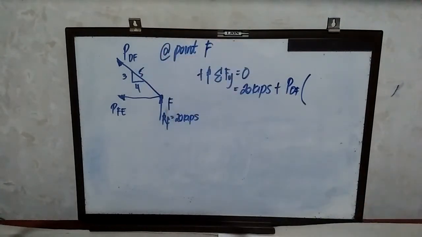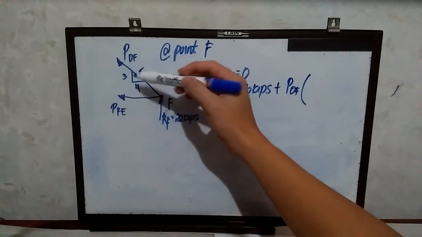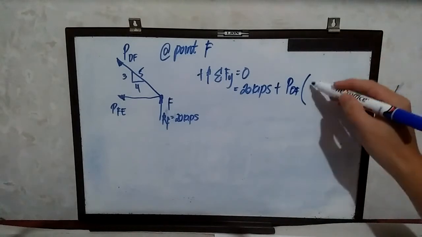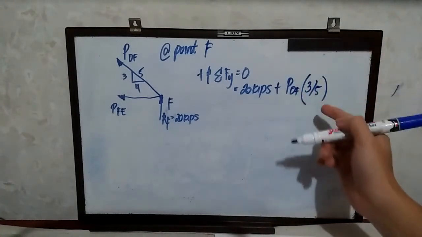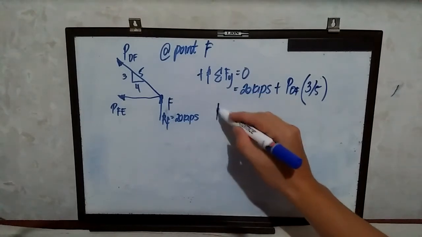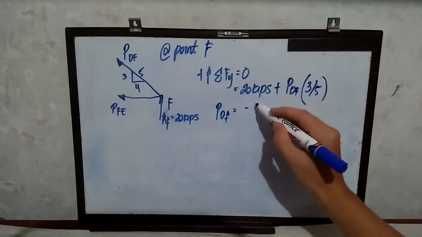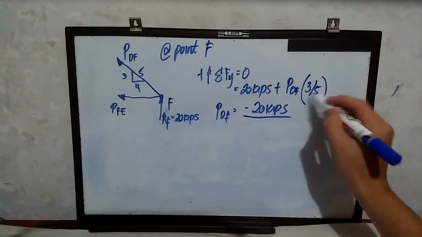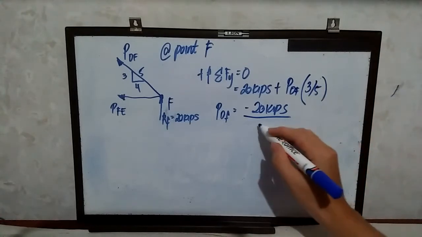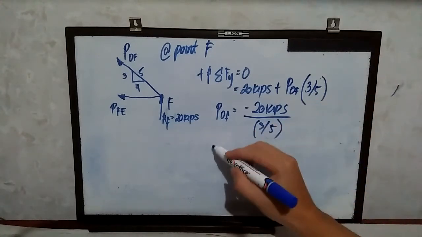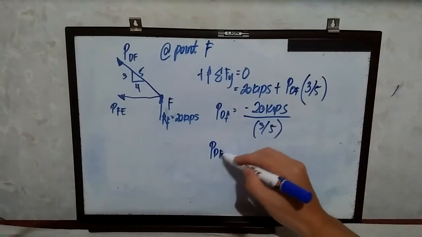The only thing we need here is the y component. The slope is 3/5, because the y component has a ratio of 3/5. Then, transposing 20 kips to the other side, P sub DF equals negative 20 kips divided by 3/5, or multiplied by 5/3, the reciprocal of the slope.